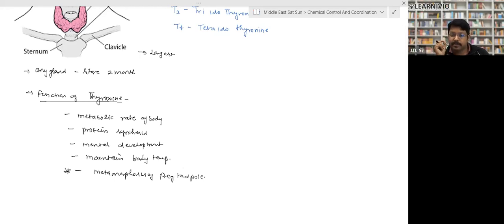The answer is metamorphosis will not take place. Why? If iodine is absent in the external water, then iodine uptake will not take place in the tadpole, formation of thyroxine will not take place, and then metamorphosis will not take place. Right? That's how they ask the question.